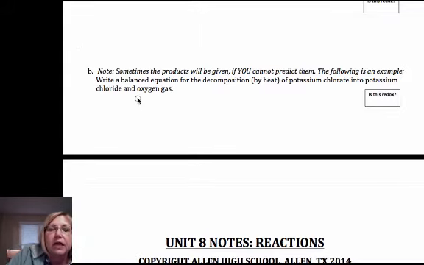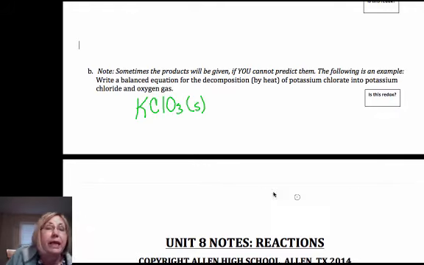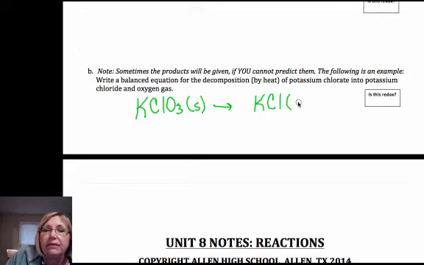So this is the decomposition of potassium chlorate. I would put that in maybe a crucible or evaporating dish and heat it strongly. And if I did, I'm going to get KCl solid, because ionics are solids, and oxygen gas.